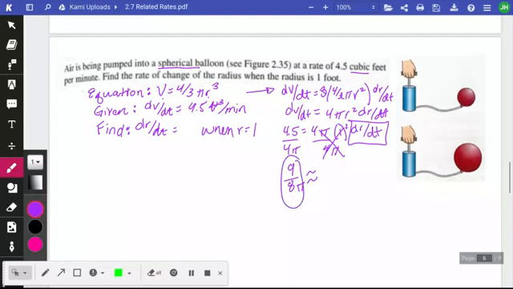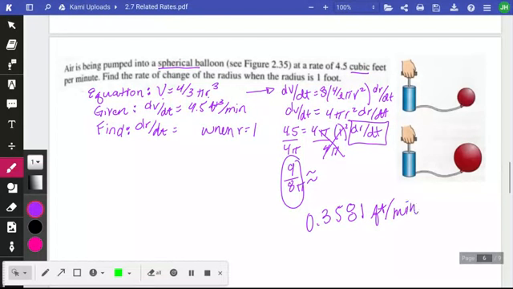So this is acceptable. And you could also have 0.3581. By the time you do the rounding, your 5 decimal places will end up like that because it's 0.358098, so it's going to round up and then round up again. And then your units, if you're doing radius, it's feet per minute.